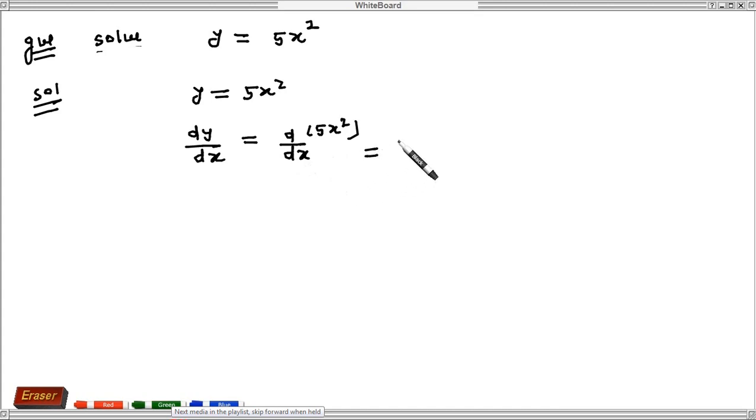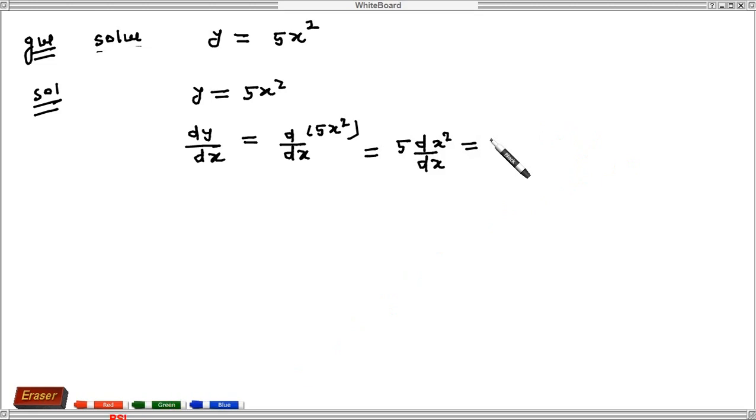This 5 is coming out because it is constant. Now we will differentiate this just like d/dx of x power n, where n is 2. So this 2 will come out and x will be 2 minus 1, that is x.